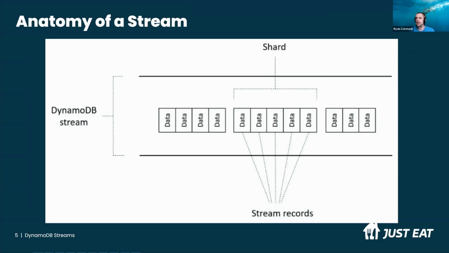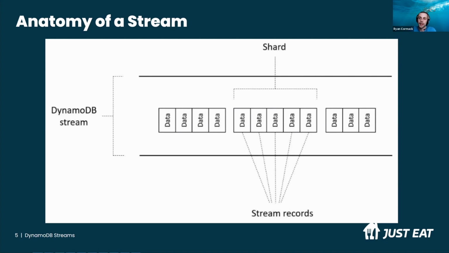So what does a DynamoDB stream look like? Once you've made a change to your database, the change records of the items get added to the Dynamo stream, and the stream is broken down into a few parts. You've got the main stream itself, and then inside the stream, you've got something that we call a shard, and that is essentially how the stream scales itself.